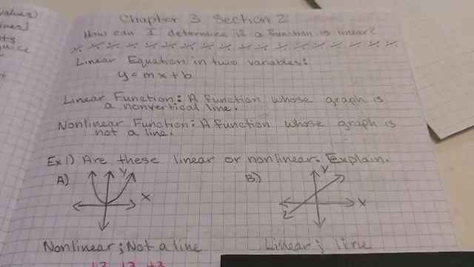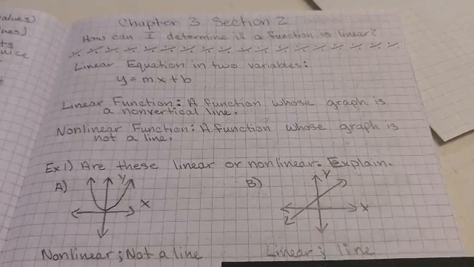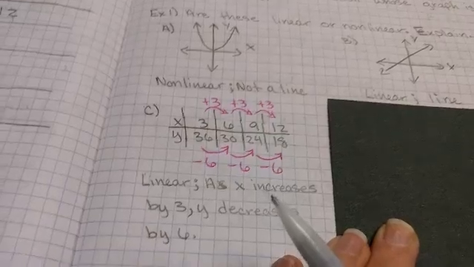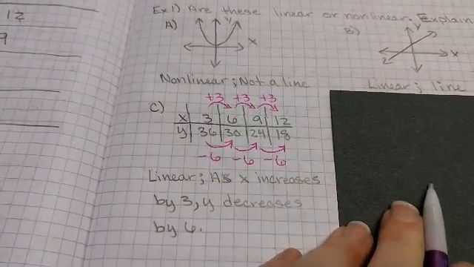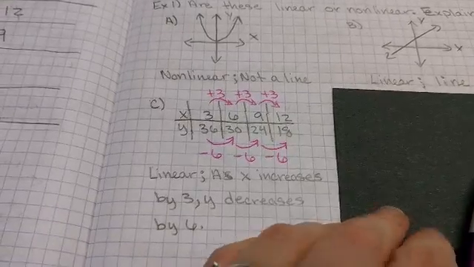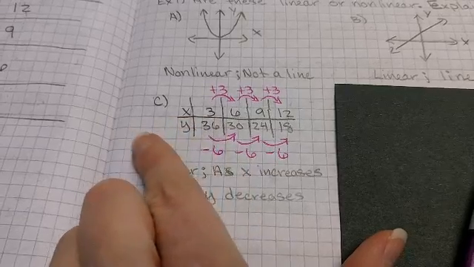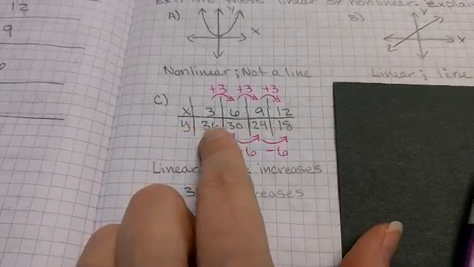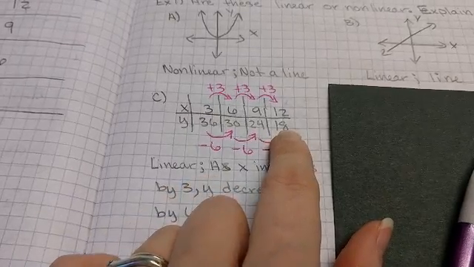Okay, but we're not always going to be given a graph. Sometimes we're given a table. So let's look at part C. So in part C, we have x on the top, and we have 3, 6, 9, and 12. And then we have our y is 36, 30, 24, and 18.